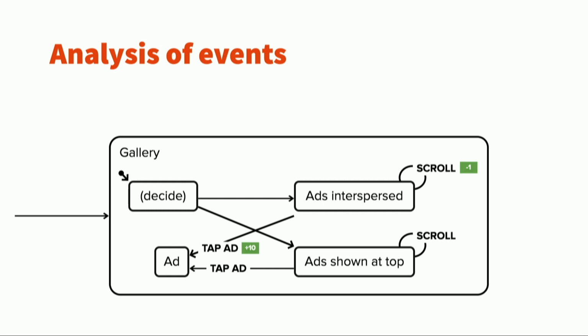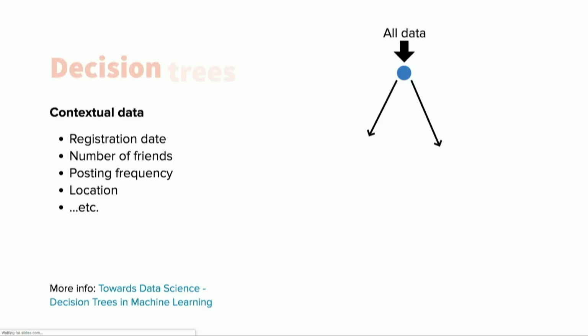But if they do click on an ad, then we assign a positive score. And so depending on whether ads are interspersed or shown on top, which one they respond to more and which ones are more likely to click, we could determine which kind of ad showing we want to show, interspersed or shown at the top.